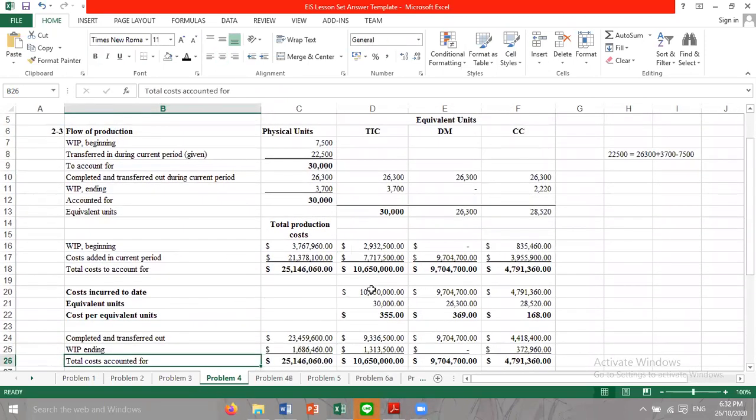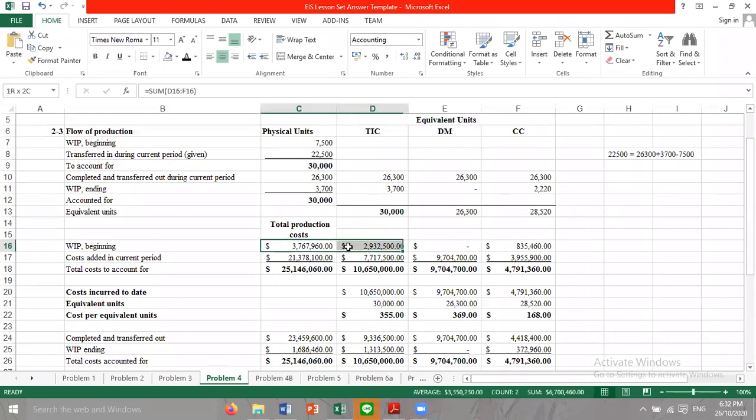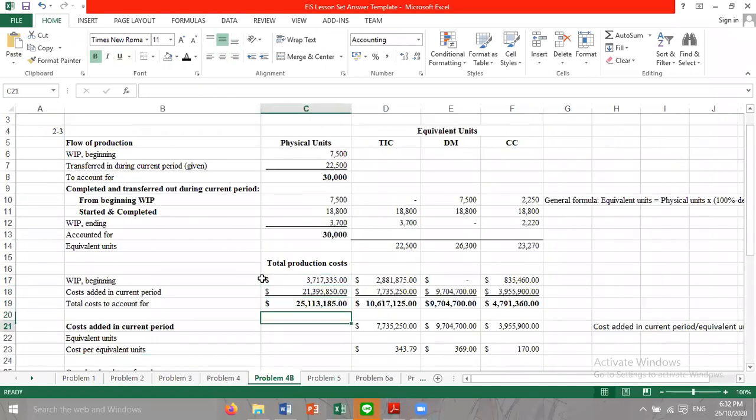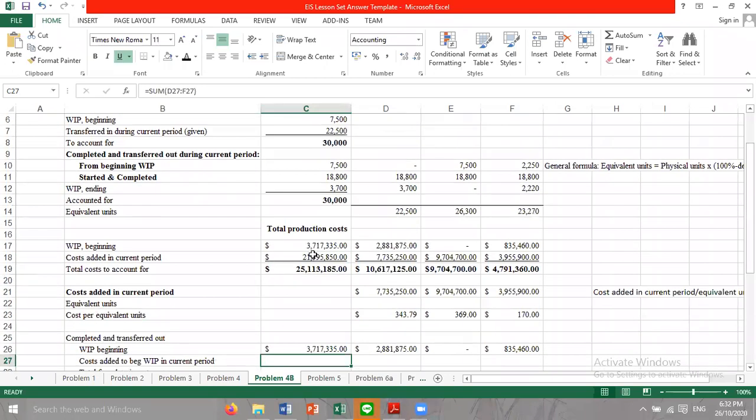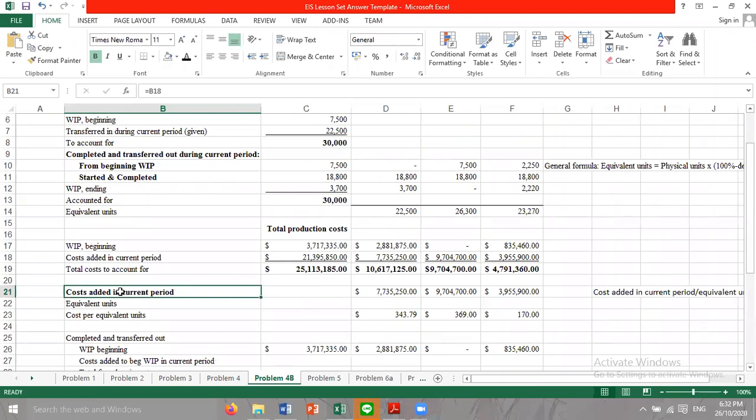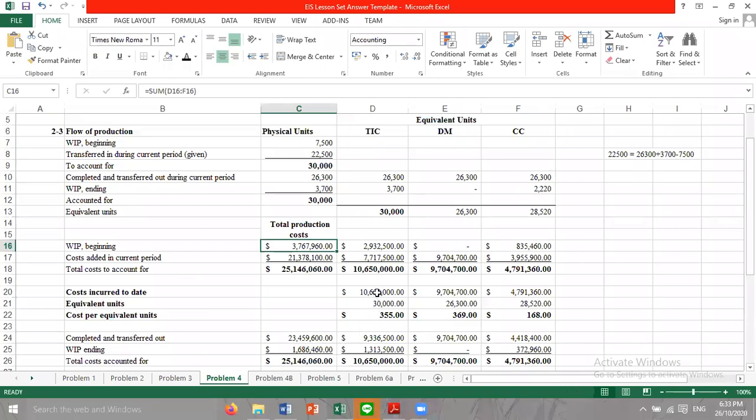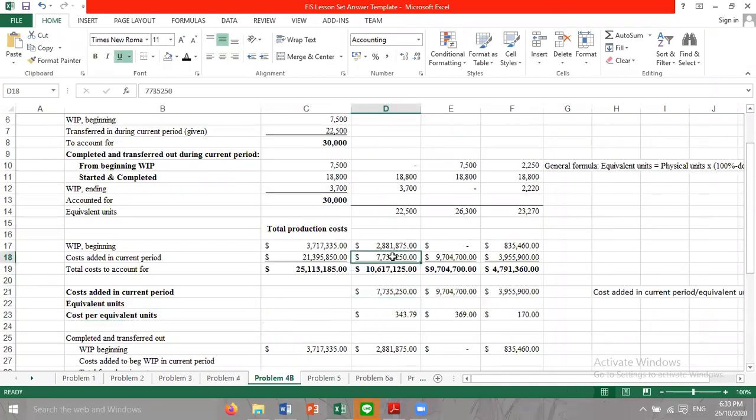So the logic is in weighted average, we also include the value of the WIP beginning and allocate it equally to the other products or other inventory. However, for FIFO, as it's first in, first out, we do not do that. We only calculate or allocate the cost added in the current period. Here we can see the difference. Okay. So in weighted average, for cost incurred to date, we use this total cost to account for, right? But in FIFO, we use cost added in current period.